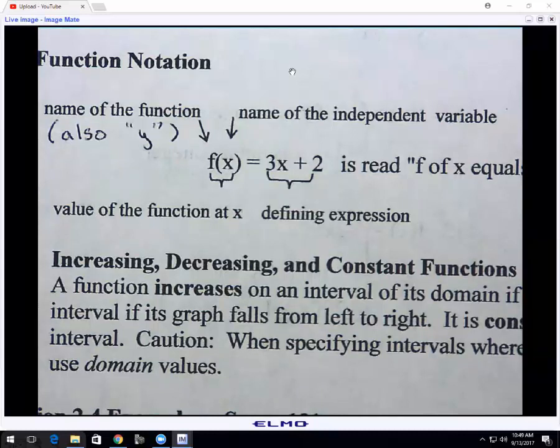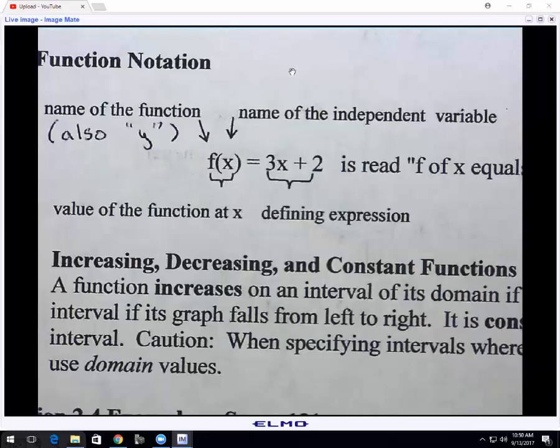Put 0 in the place of x. If I say find f of q plus r, what do you do? And don't say crazy things like that in calculus. Find f of q plus r. What does that mean? Put q plus r in the place of x.